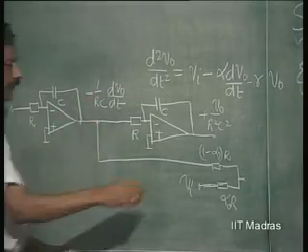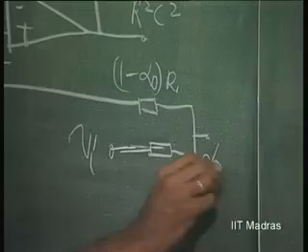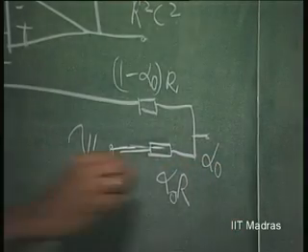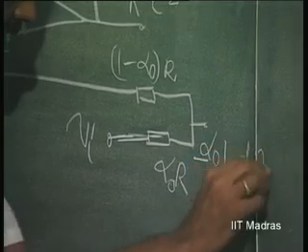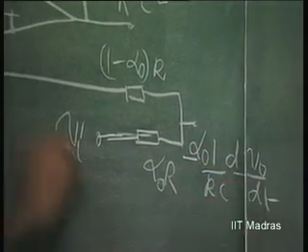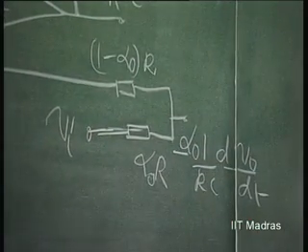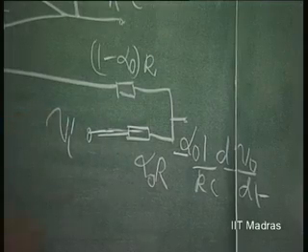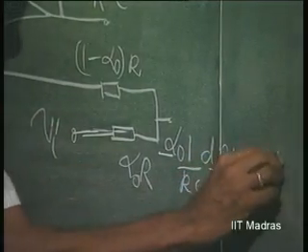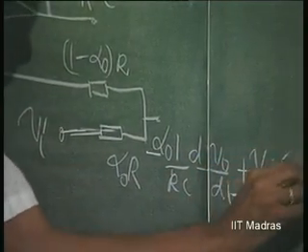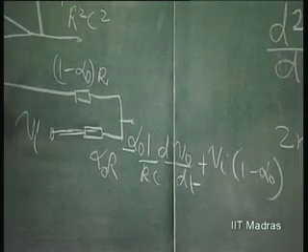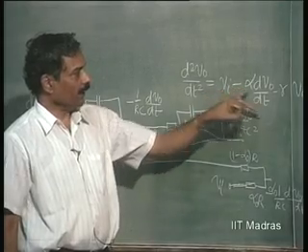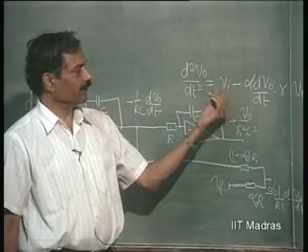Alpha 0 times minus 1 over RC dV naught by dt will come here because of this attenuator, and what other portion of V I will come here, plus V I into 1 minus alpha naught. By putting this attenuator, I have got this part as well as this part with some other coefficients here.